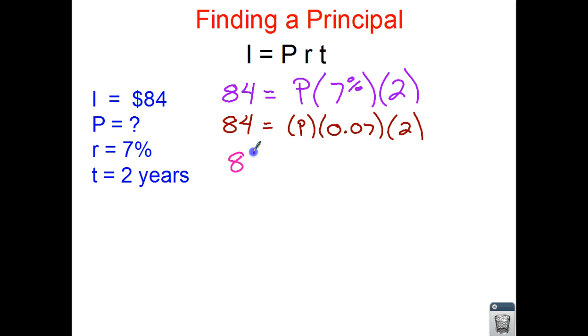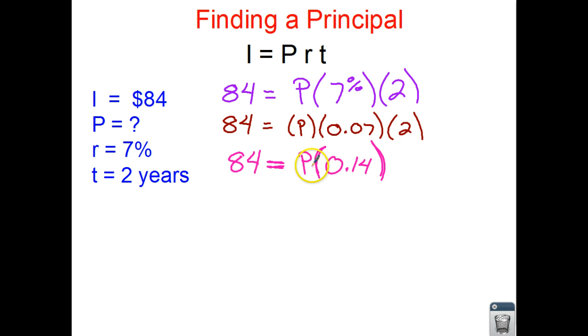So 84 is equal to the principal amount multiplied by 14/100ths. Okay, now in math, we've learned that if we're solving for a missing variable, and it's touching a number such as 0 and 14/100ths, we need to do the opposite of the operation that's occurring.